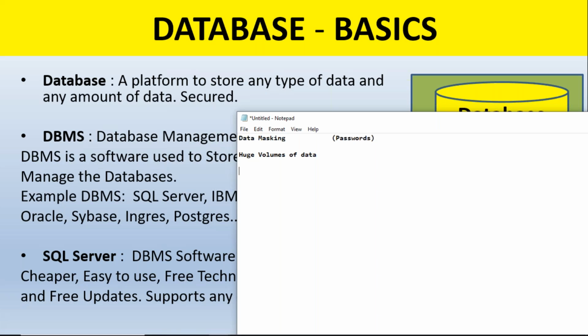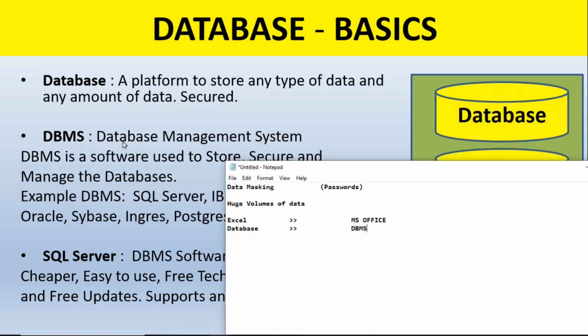To work with Excel, we need a software like MS Office. Something like MS Office, Kingston Office, etc. Same way, to work with database, we need a software called DBMS. What is that? Database Management System.